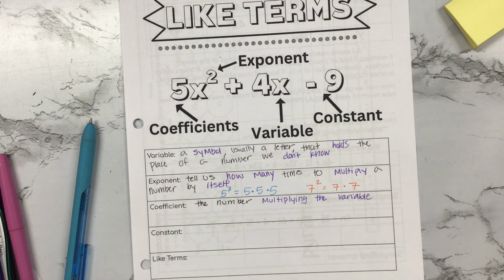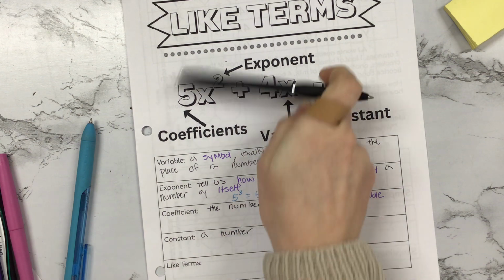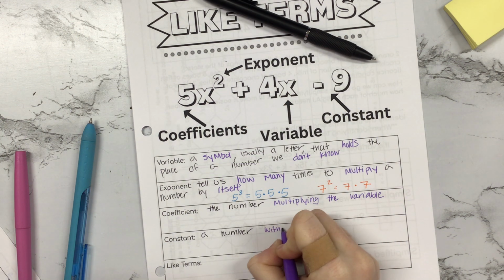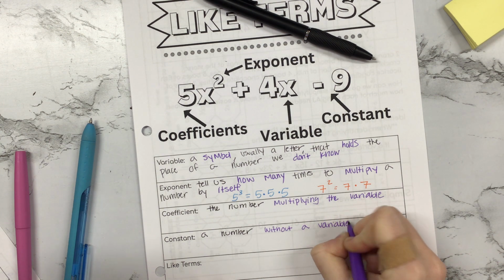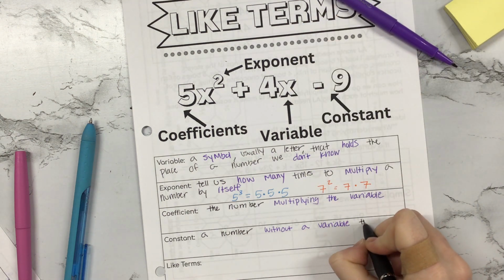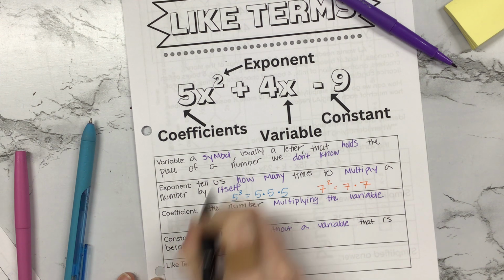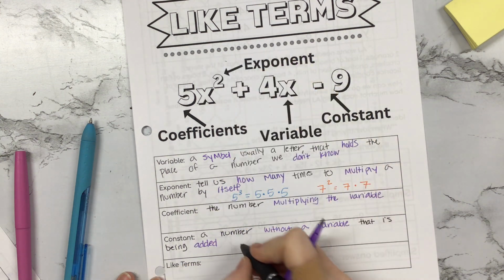So then the last piece of an expression is called a constant, okay? And it is a number without a variable, so a number by itself, that is being added or subtracted.